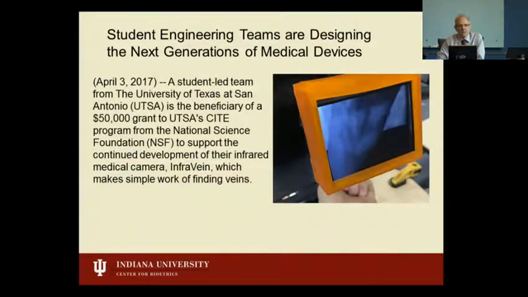The next generations of medical devices and medical technologies are emerging even in classrooms today, where we're teaching our engineering students how to do the design process, but a number of them take those very same projects on to commercialization.